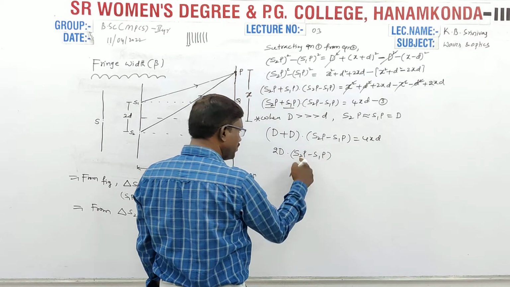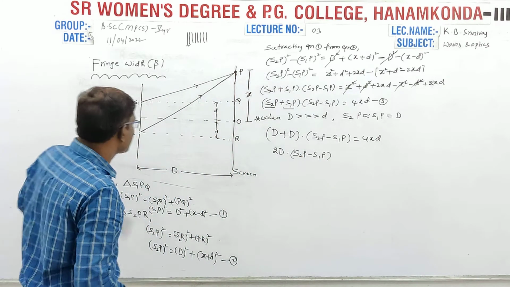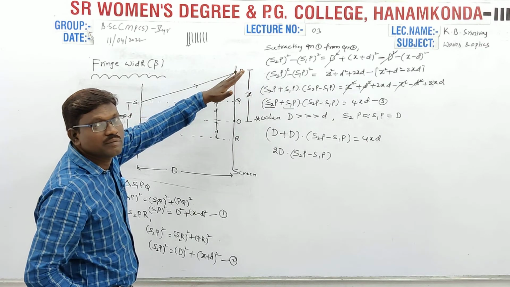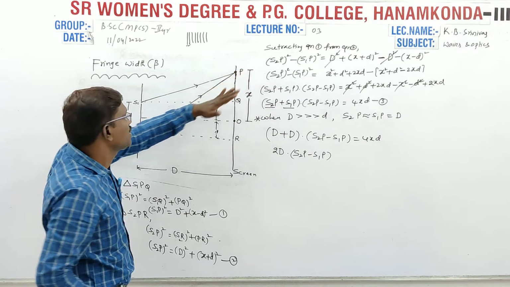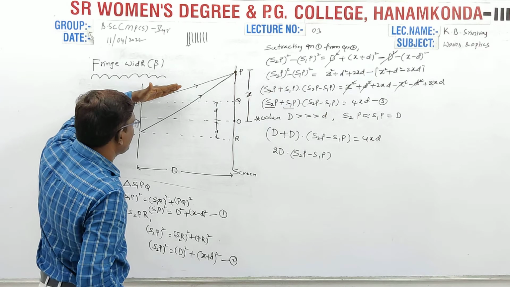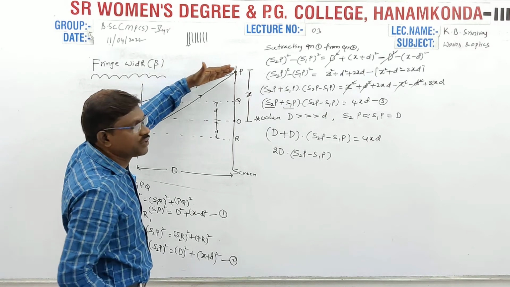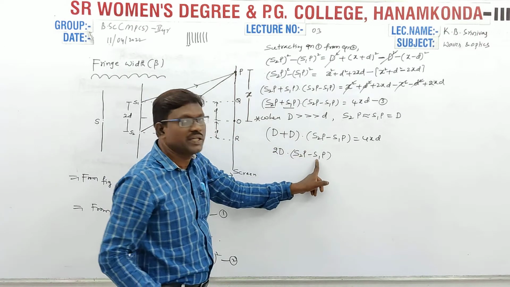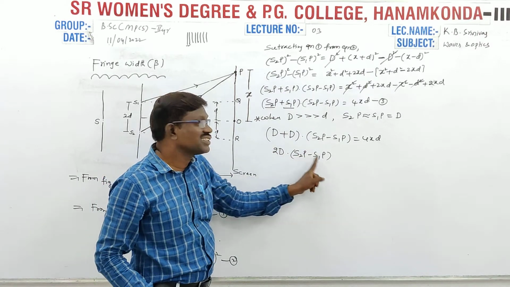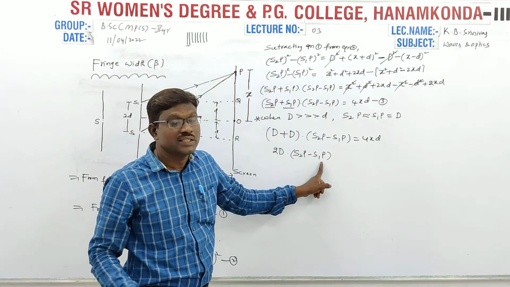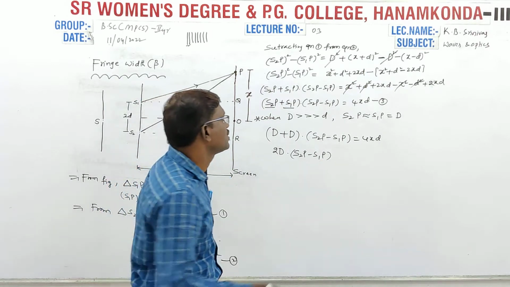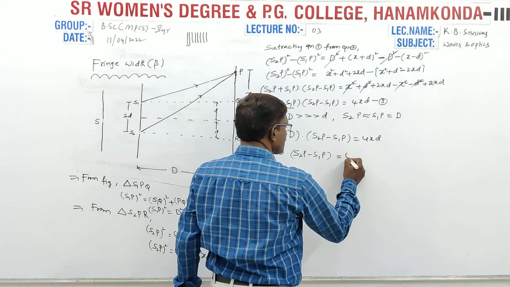What is S2P − S1P? S2P is the distance traveled by the second wave from the slit to the screen. S1P is the distance traveled by the first wave from the slit to the screen. So S2P − S1P is the path difference, the distance difference traveled by the two waves. That I want to calculate here, which is equal to 4xd.